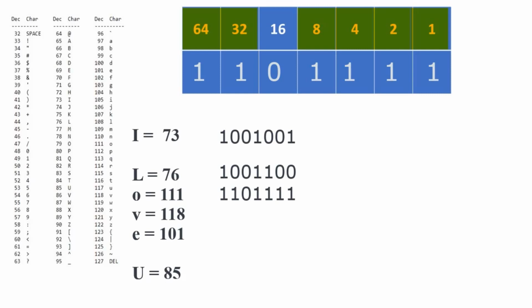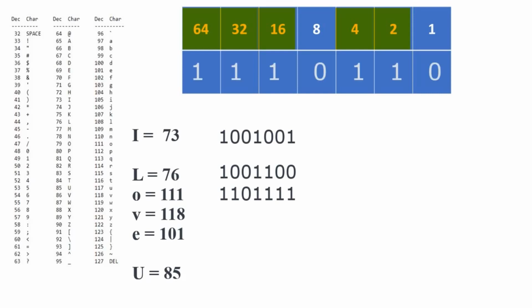Next, let's go to letter V, small letter V, that is 118. So, kunin natin ulit sa binary. 64 plus 32 plus 16, 4, and 2.